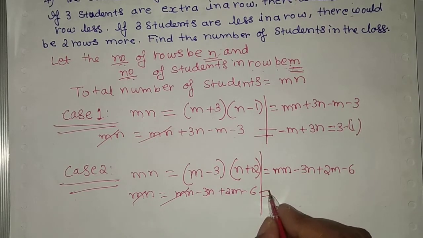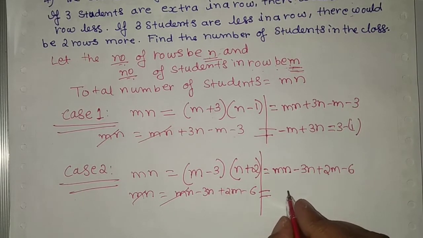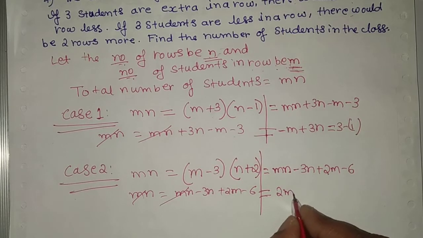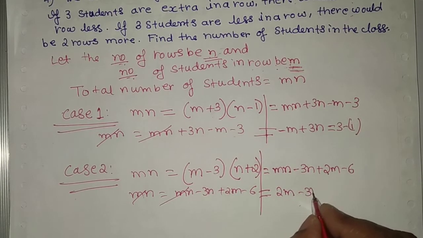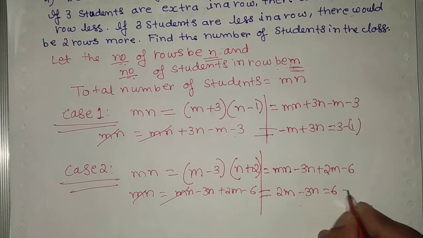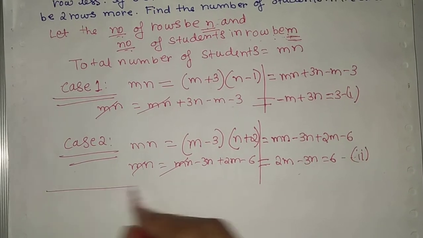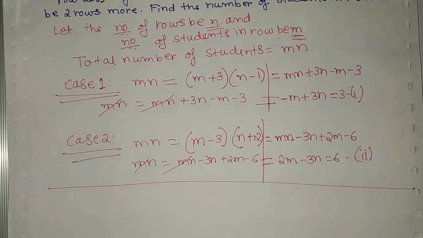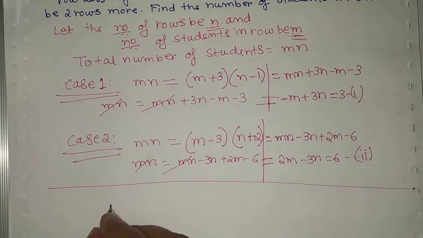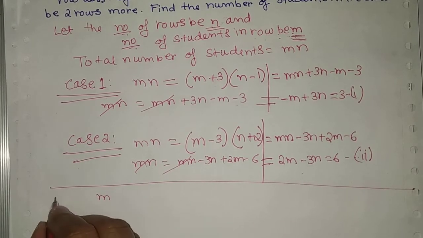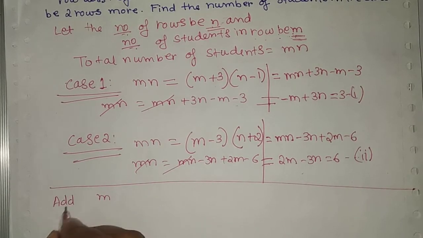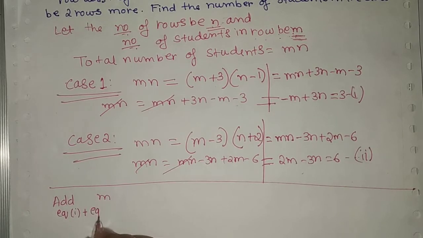Finally, rewriting this, 2m minus 3n is equal to 6, which is the second equation. After this, we take the 2 equations and add them: equation 1 plus equation 2.